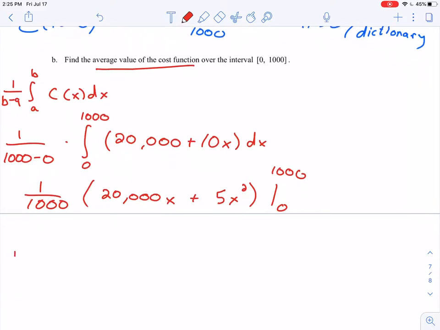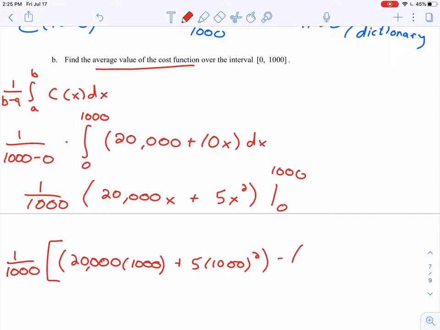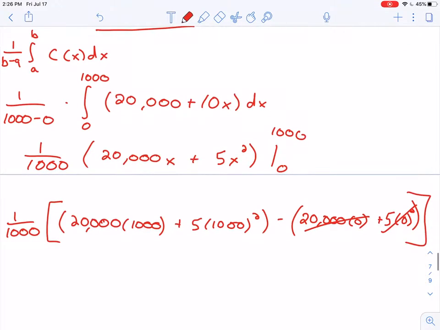So I have 1 over 1,000 times 20,000 times 1,000 plus 5 times 1,000 squared minus 20,000 times 0 plus 5 times 0 squared. So first of all, 20,000 times 0, this is going to be 0. 5 times 0 squared, that's going to be 0. We don't need to worry about that part over there.